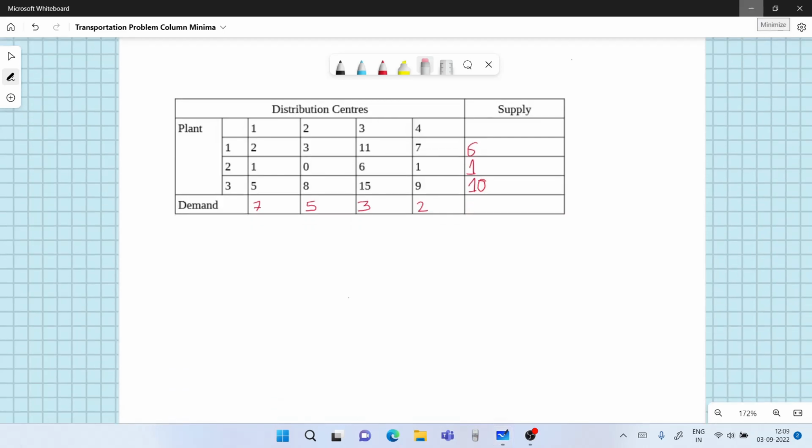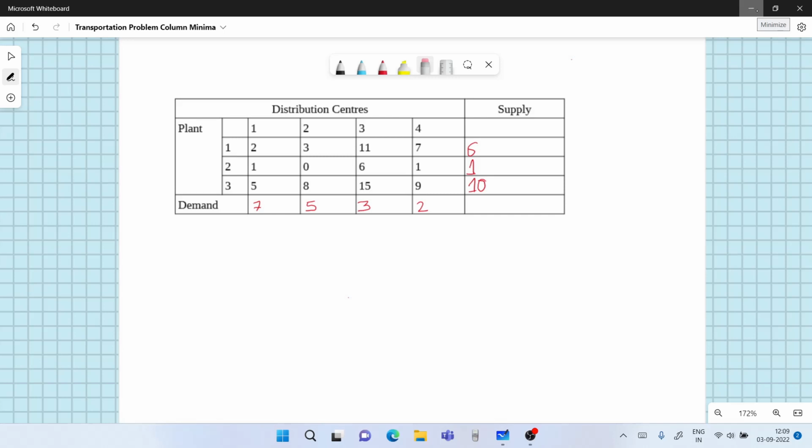In the column minima method, we take up the distribution of each center serially. So we start with distribution center 1, then go on to distribution center number 2, then to 3, and then to 4. While calculating the supply to distribution center number 1, we first supply at the least cost.